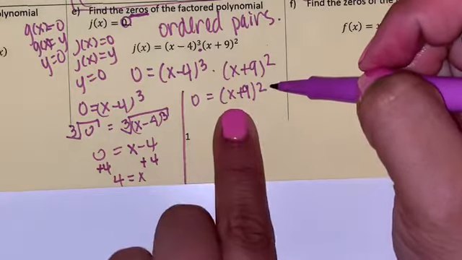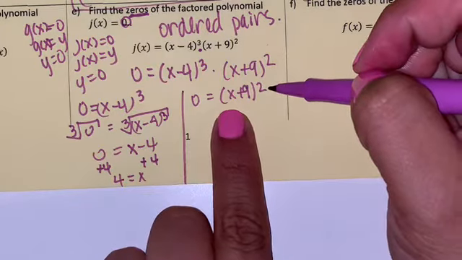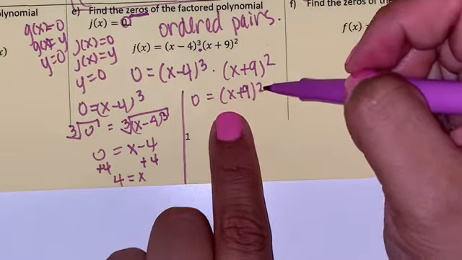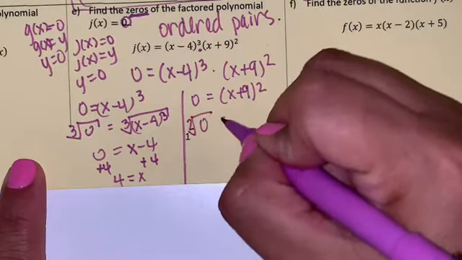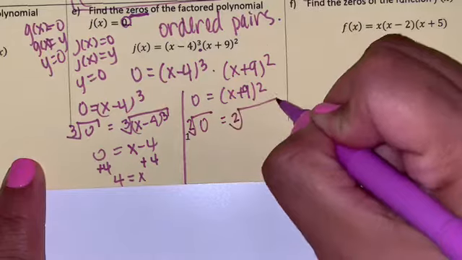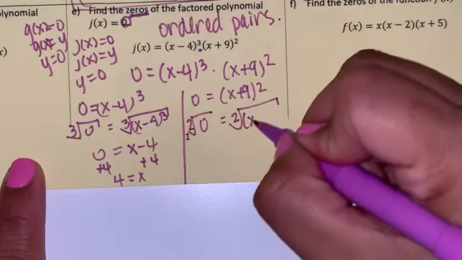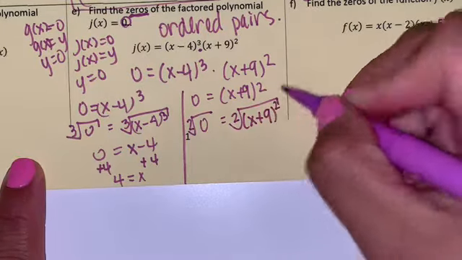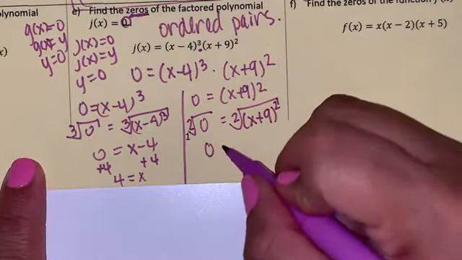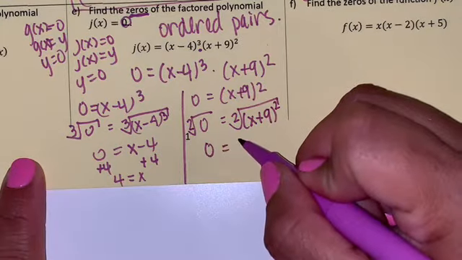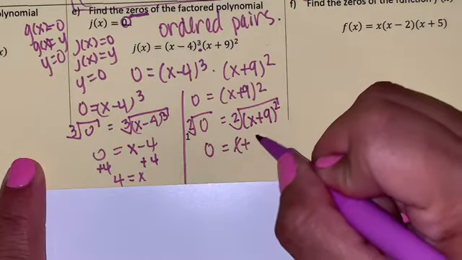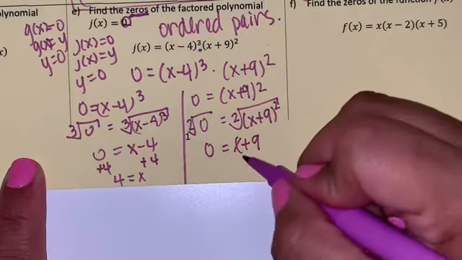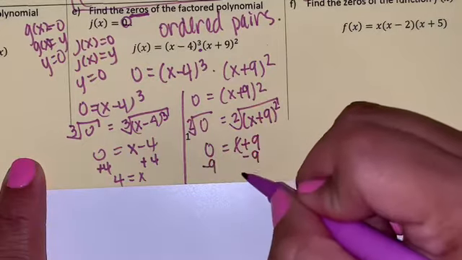Now on the right-hand side, I have that perfect square, so I have to take the square root of both sides to get rid of that perfect square. 0 equals, let's see, x plus 9. I solve for x, minus 9, minus 9.